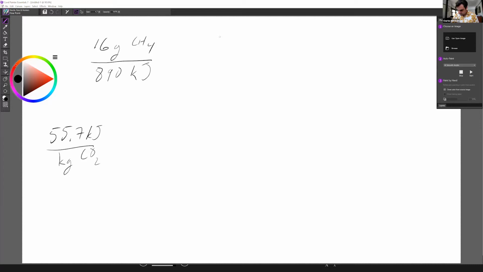Are you writing more things on this? No, I'm lost. I'm just thinking. I just want to know what that value I looked up was. What that 55.7 kilojoules even is, because it's not methane. What would I even type?